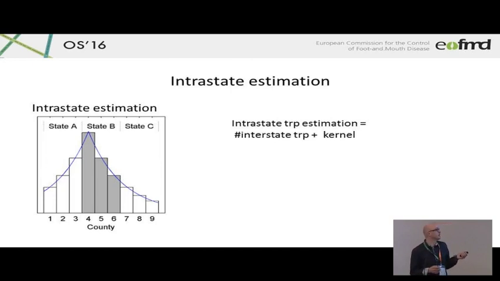So we look at county 4 in state B. We observe movements to counties 1, 2, 3 in state A, and 7, 8, 9 in state C. The heights of the bars are proportional to the number of movements. From the observed movements, we fit the kernel parameters, and then we get the kernel drawn here in blue. From the kernel we can estimate within-state shipments.